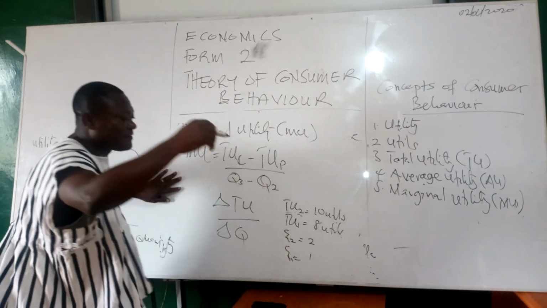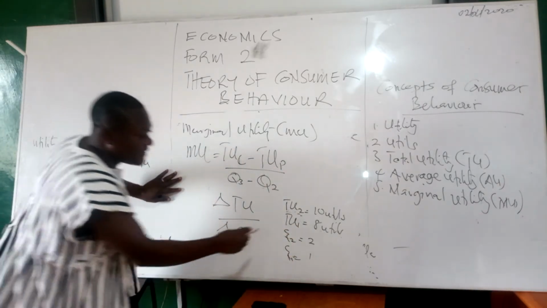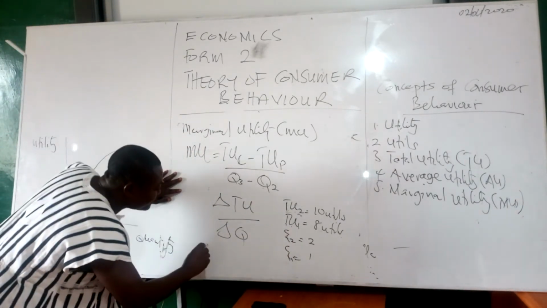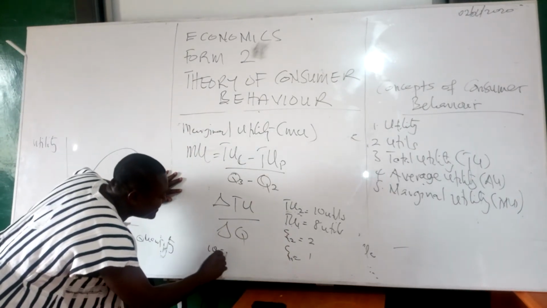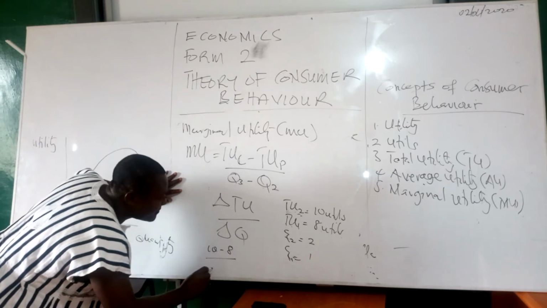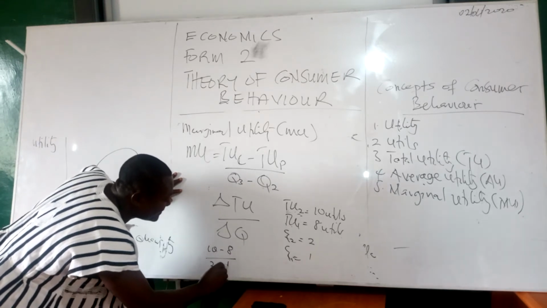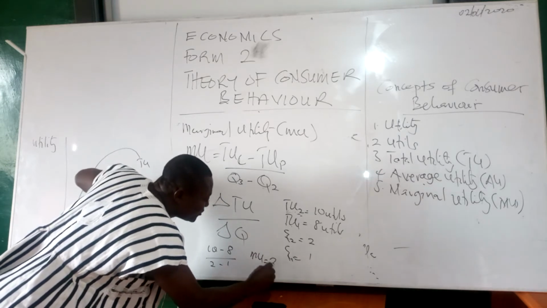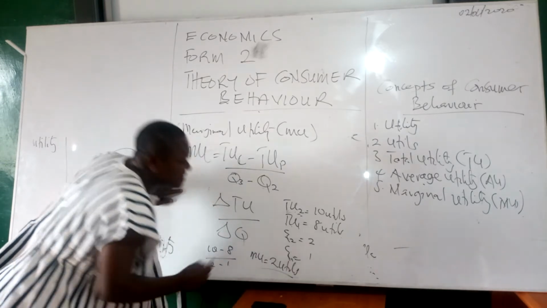TU2 is the current, and TU1 is the previous. So 10 utils minus 8, over 2 minus 1, and that will give you 2 utils.